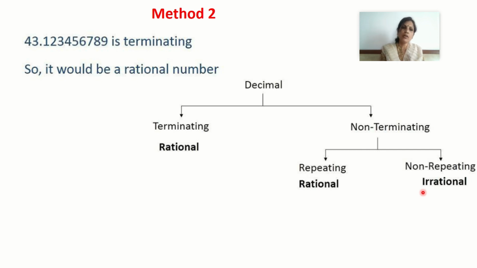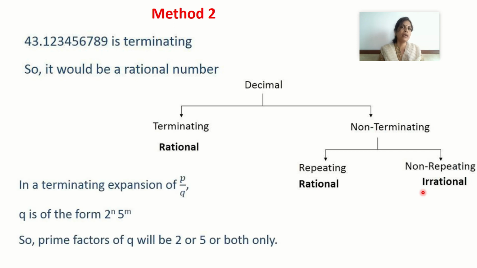So there is no need for you to write the number in terms of numerator and denominator and show. Keep one thing in mind, if the decimal expansion is terminating, it is a rational number. If it is terminating, its denominator will always be in the form of 2 raised to n, 5 raised to m.